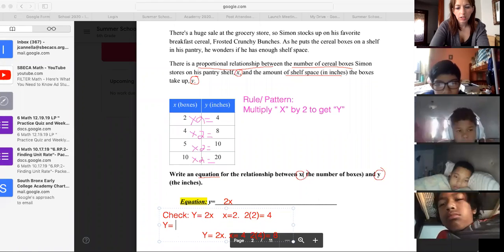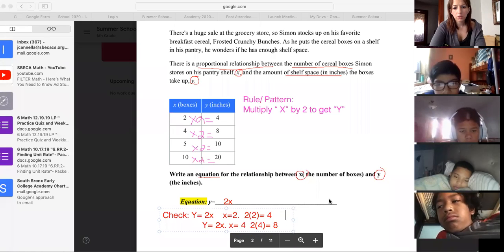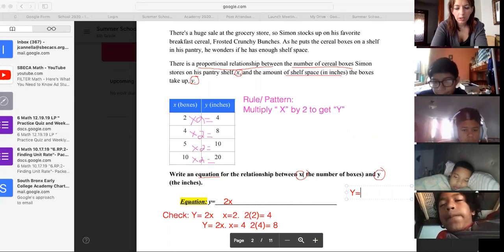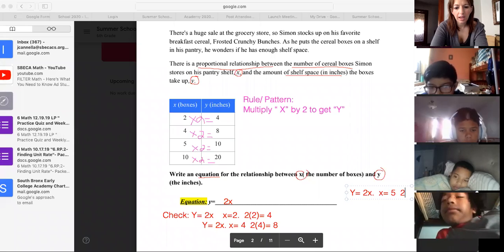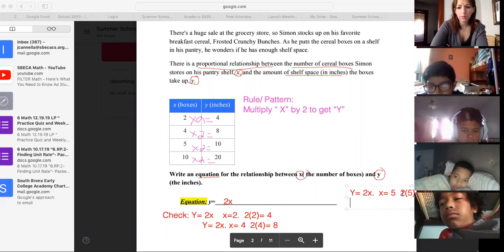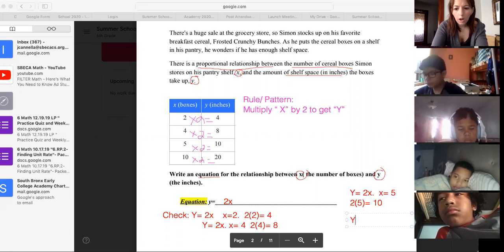So we'll do it here. If Y equals 2X and X is 5, 2 times 5, what is that? 10. Is that true? Yes. 5, 10. Okay, let's do it over here now. Y equals 2X and X equals 10.